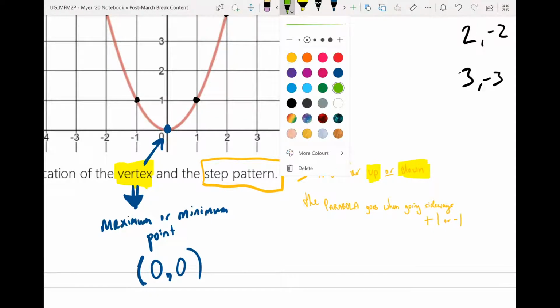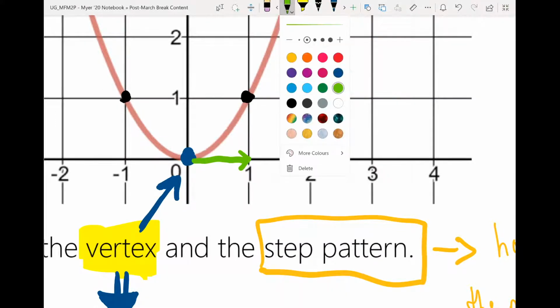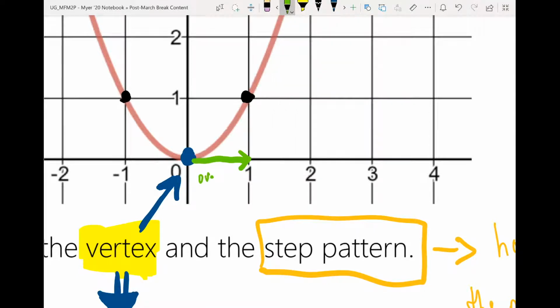Okay. So if we look at our parabola here, and we start from the vertex, and we go over 1. And how far up or down does it go? It goes up plus 1.